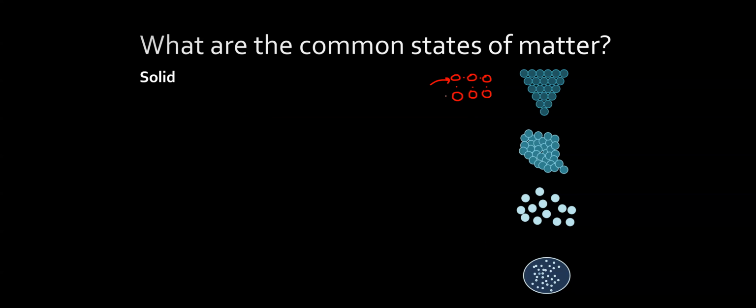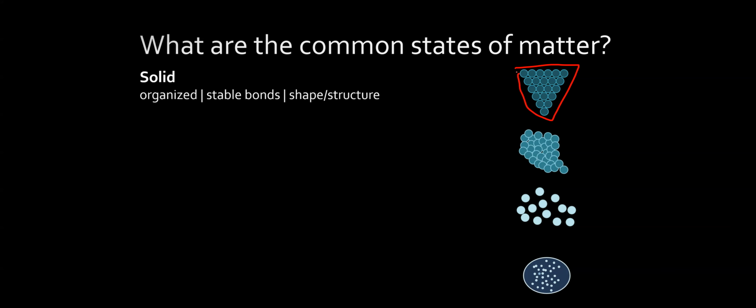The hydrogen bonds are stronger than the internal vibration. They're not vibrating that much. They're cold. Again, think of an ice cube. All right, so when you're in a solid, you can say you're organized, there's a defined shape, there's a defined structure. Solids have a defined shape.